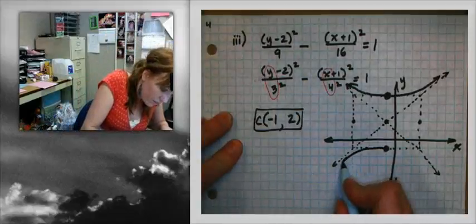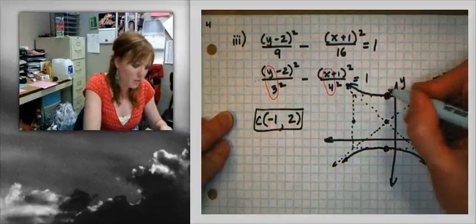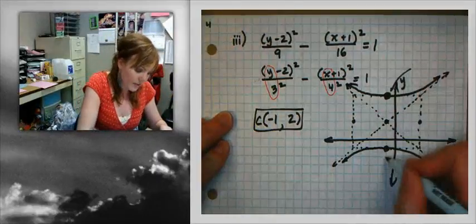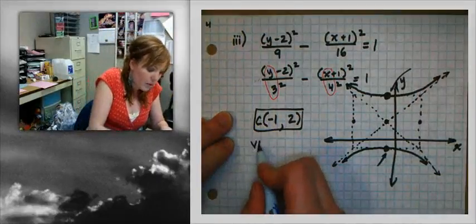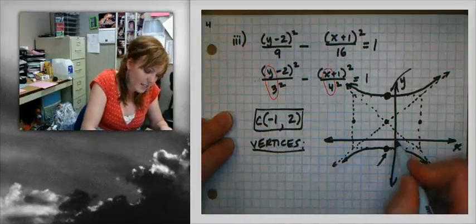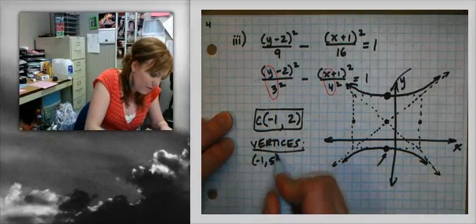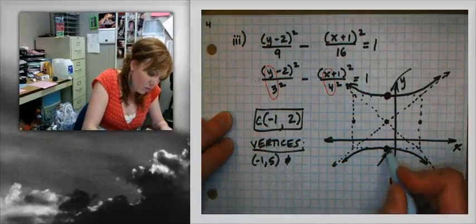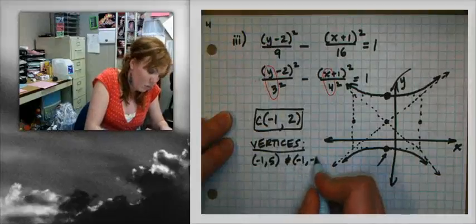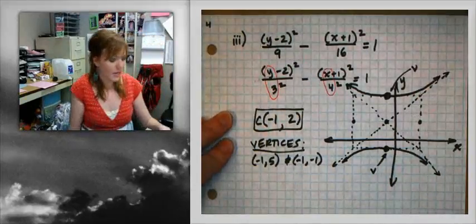So let's do this one, close to the asymptote but not touching, and so on. These are our vertices right here and right here. Let's write those down. The vertices are at (negative 1, 5) and at (negative 1, negative 1). So this is a vertex and a vertex.